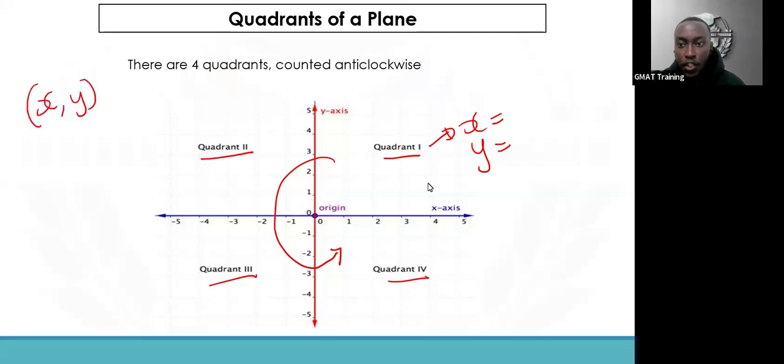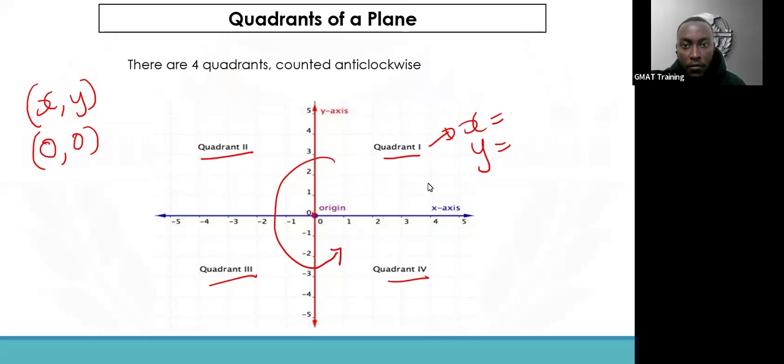So a point in the Cartesian plane is like a point whereby you give the x value and y value. Even the origin itself is written as 0 for x and 0 for y. So for each and every quadrant, is x and y positive?